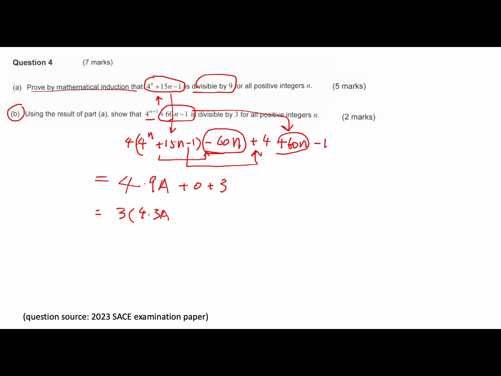I do not even bother to simplify, and I can put a 0, but it's a bit unnecessary, and a plus 1. Alright, so we can prove that, since i is an integer, the bracket is also an integer. This means this expression is divisible by 3, and we prove that.